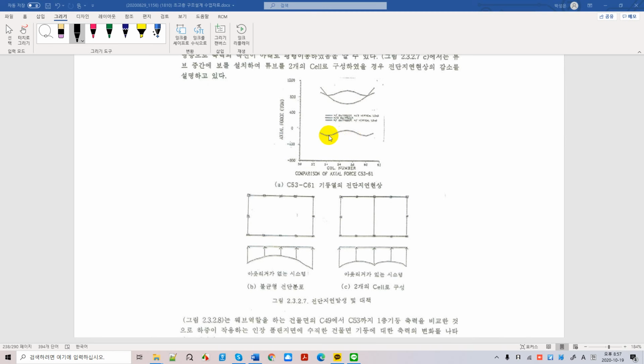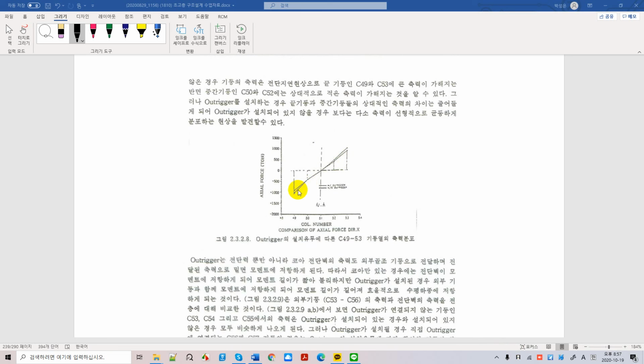You can immediately tell which one has intermediate frames and which one doesn't by taking a look at the distribution of column load here and here. Okay, look at that. And this is shear lag, whether we have shear lag or not.